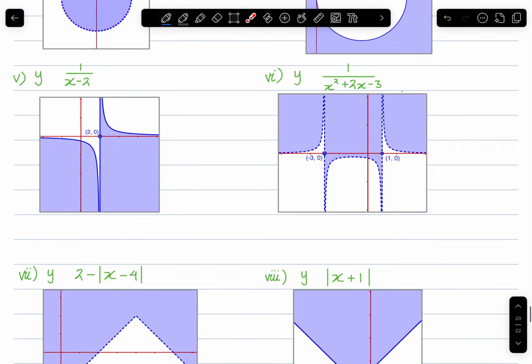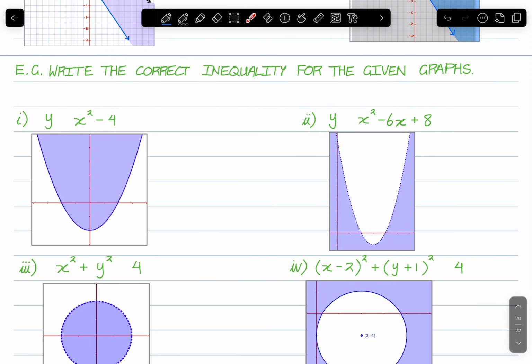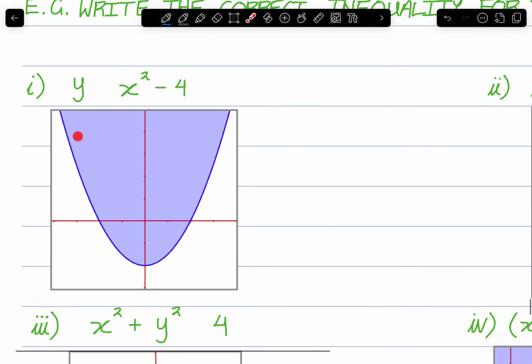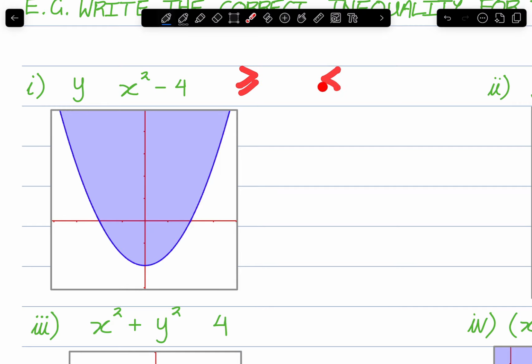Before we get to any of these complex ones, we're just going to simply determine a single graph first and determine the region for this. So here we go. In this one, we have the parabola sketched here with the missing inequality symbol. Firstly, you can see it is not a dotted line, so we know it's either greater than or equal to or less than or equal to.